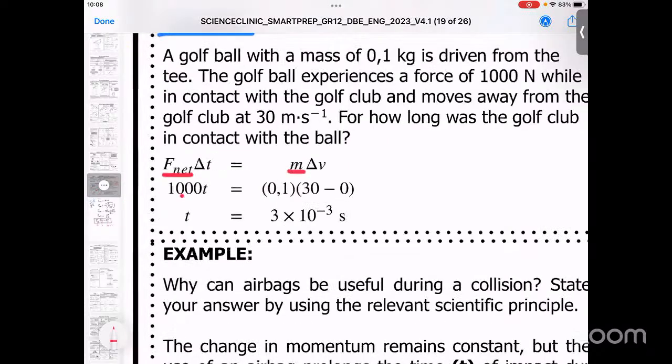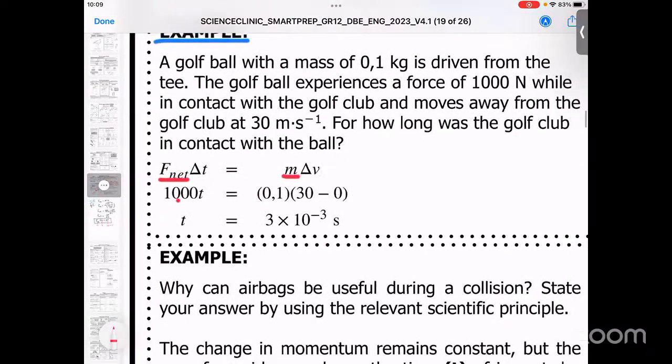So obviously after substituting that mass of 0.5, maybe let me expand this formula to say it's m times v final minus v initial.